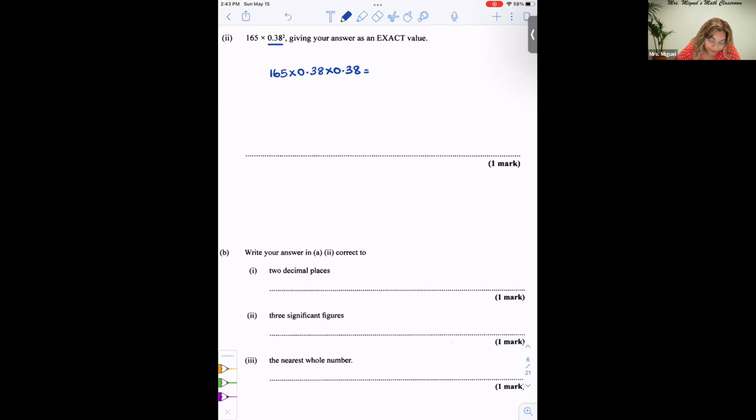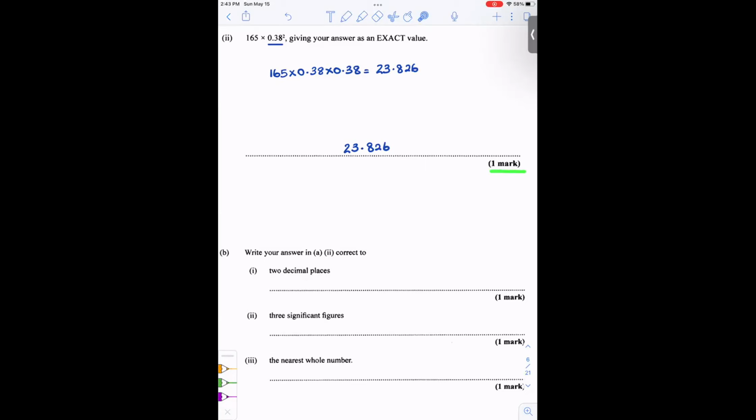Here we are supposed to get 23.826. We are putting our answer on the dotted line. Did you all get that for 1 mark? Yeah, miss. Right. Now, here's where we can score 3 full marks, making it 4 in this part of the question.